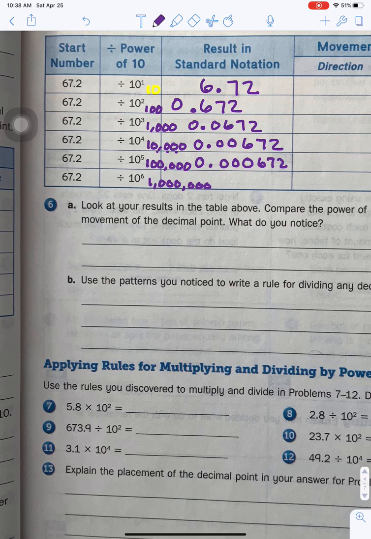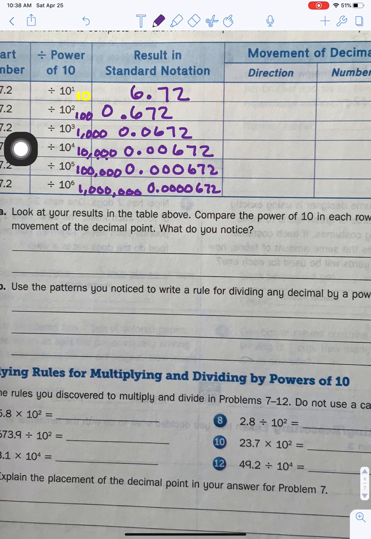And the next one would be 4 zeros. As you notice, the decimal point keeps moving over to the left. So it was over here, but it keeps moving over to the left. So the direction is going to be left.